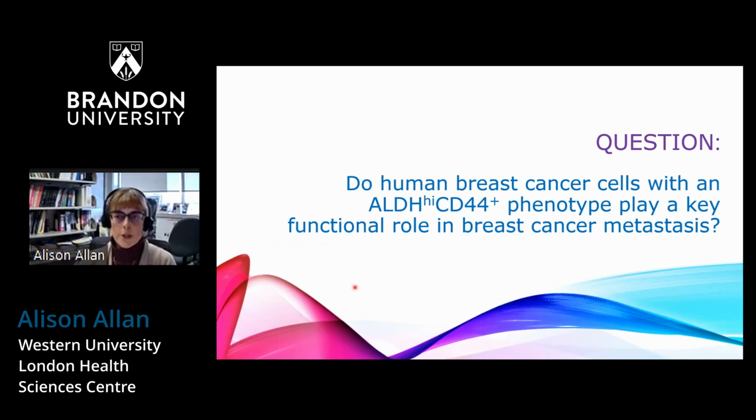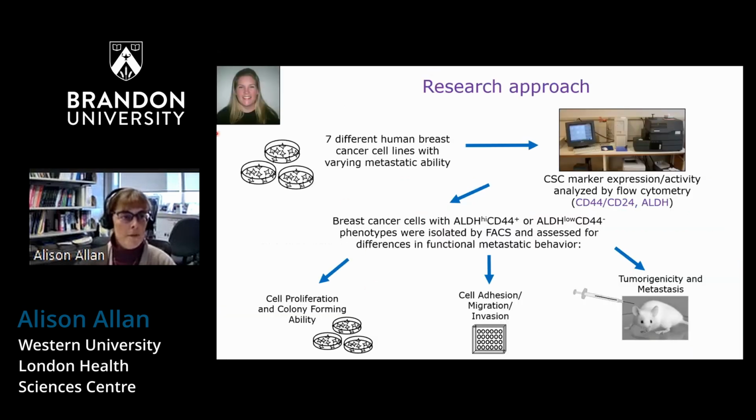So the first question that we had was whether human breast cancer cells with this ALDH high CD44 positive phenotype play a key functional role in breast cancer metastasis. My very first PhD student, Alicia Croker, who was super smart and super creative and is now a director of patient engagement at Health Canada, took 7 different human breast cancer cell lines with varying metastatic ability.